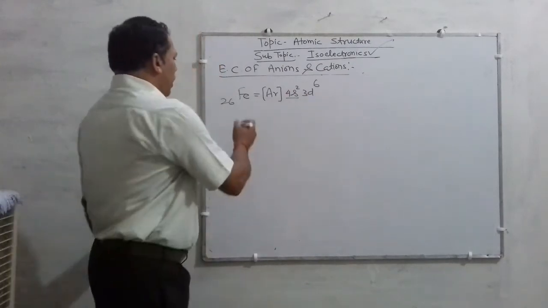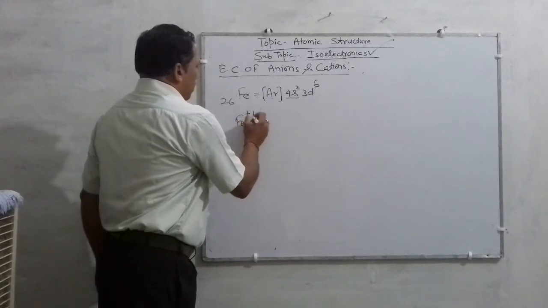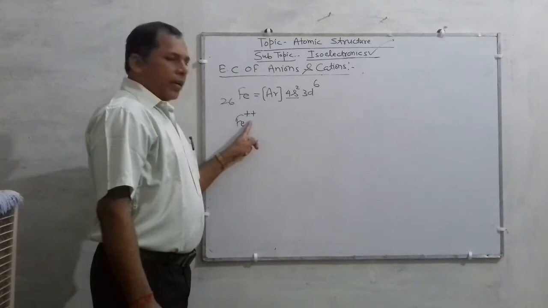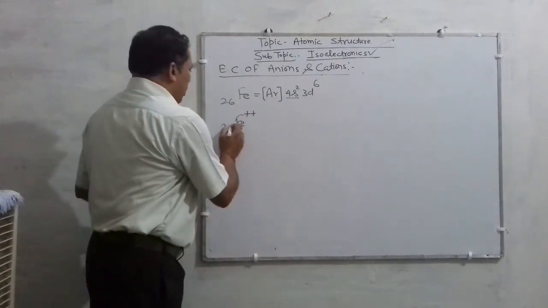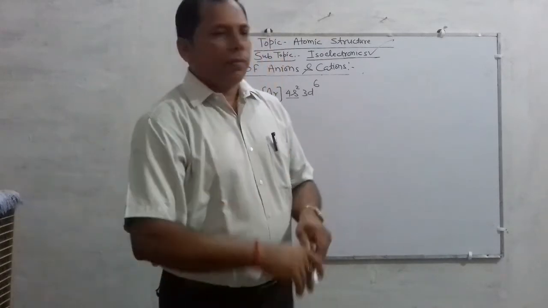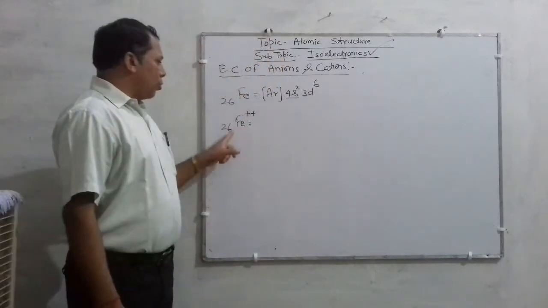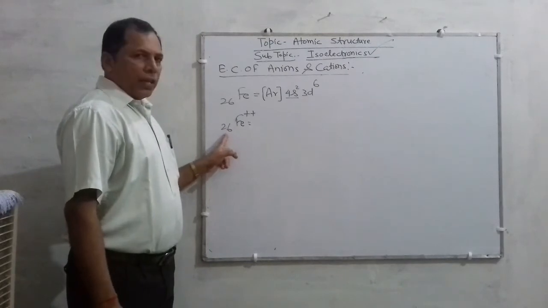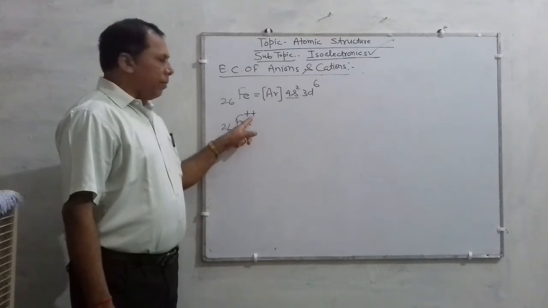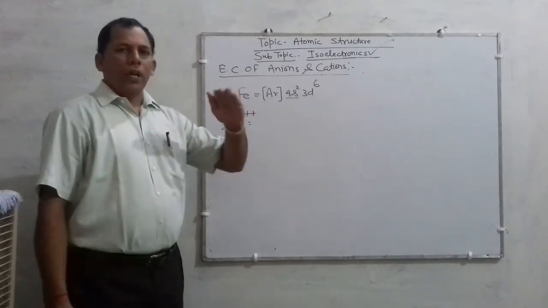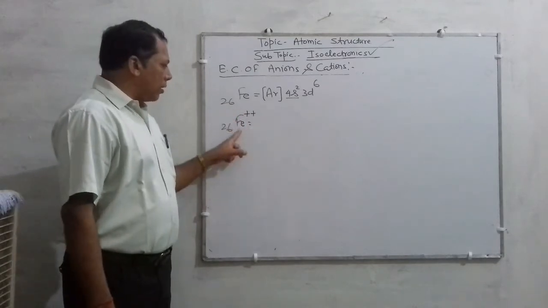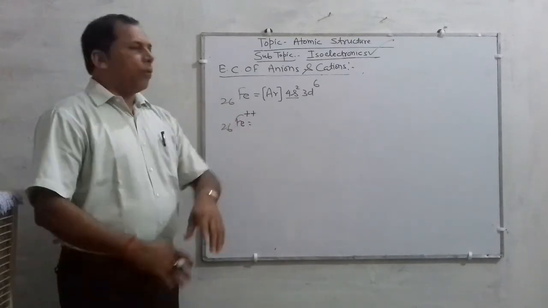But suppose we have to write in such a condition. Suppose it is forming a cation here, and cation formation means there is a removal of electrons from the valence shell of the atom. The total number of electrons here in this case is 26. But when it has 2 positive charge, it means it has lost 2 electrons. So the total number of electrons in that case becomes 24 now.